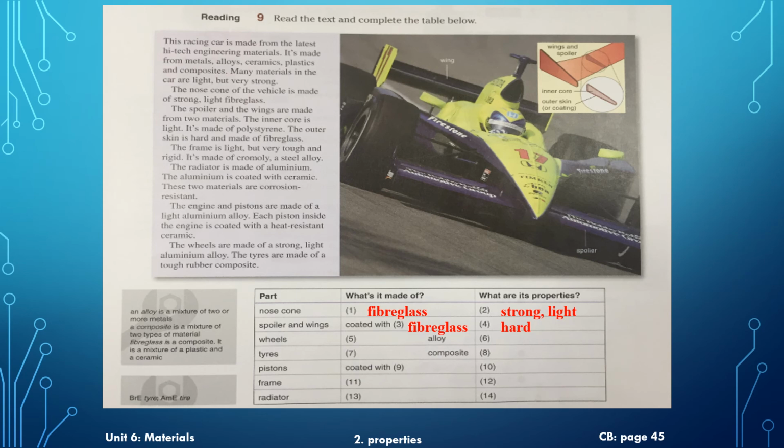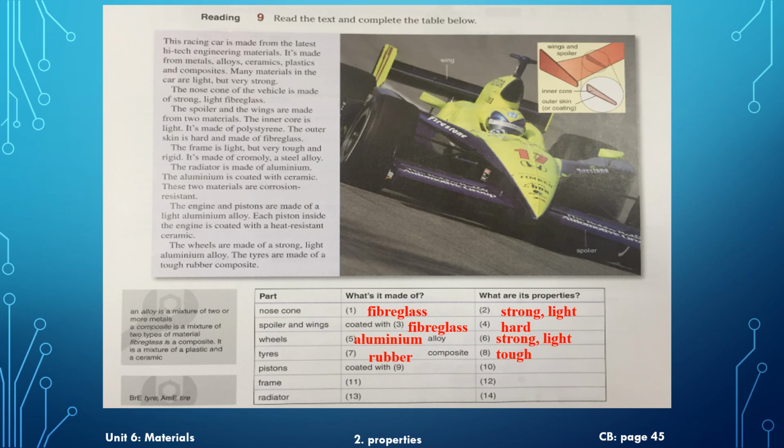Welcome back. Now let's look at the wheels made of aluminum alloy, and the properties are strong and light. Very good. Number 7, the tires are made of rubber composite, and the properties are that it's tough.